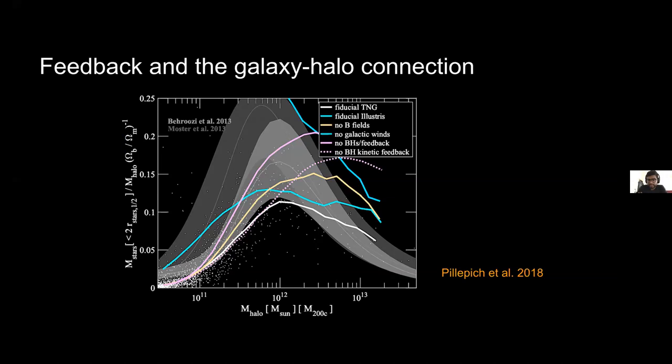The different colored lines show model variations of the TNG physics. What's immediately noticeable is that the inclusion or not, as the case may be, of various processes has quite dramatic effects on the stellar mass content of halos. In particular, for the most massive halos, as we have now come to appreciate universally, black holes play a pretty critical role in how massive these galaxies actually end up being.